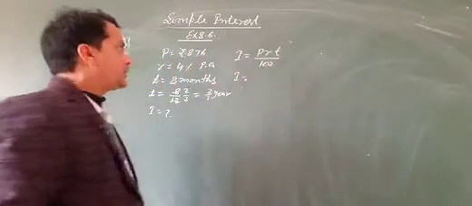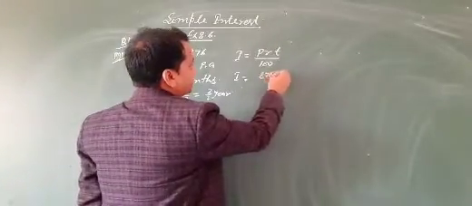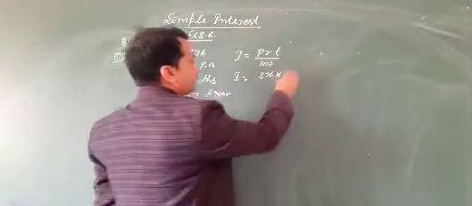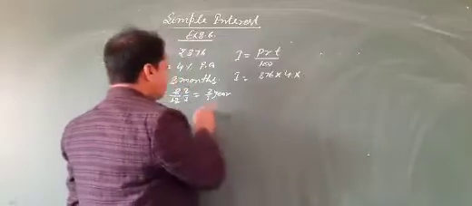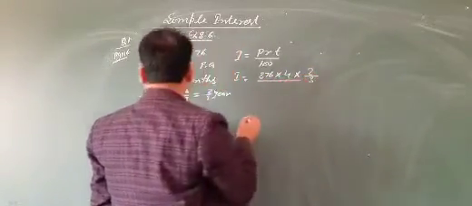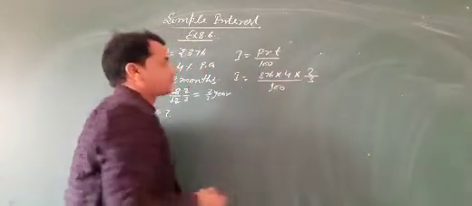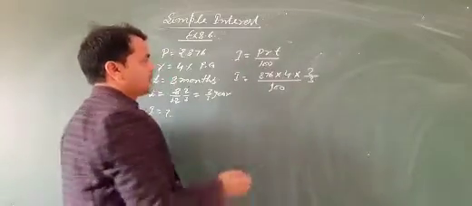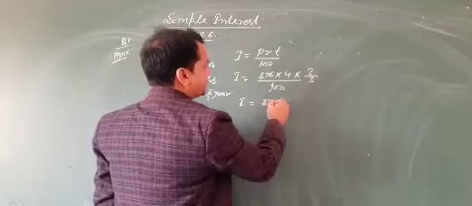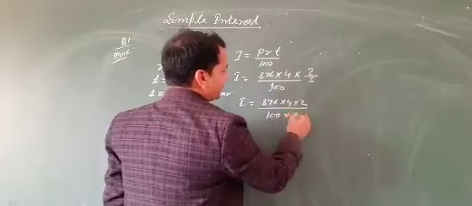The principal is given here, 876, the rate of interest is 4, and time is 2 by 3, divided by 100. Then 876 into 4 into 2 by 100 into 3.